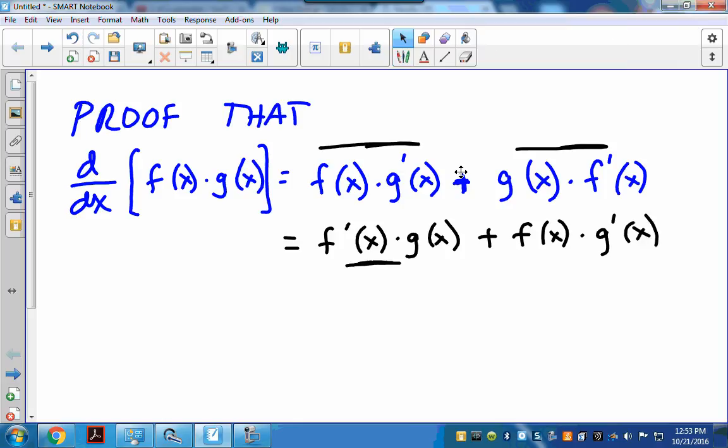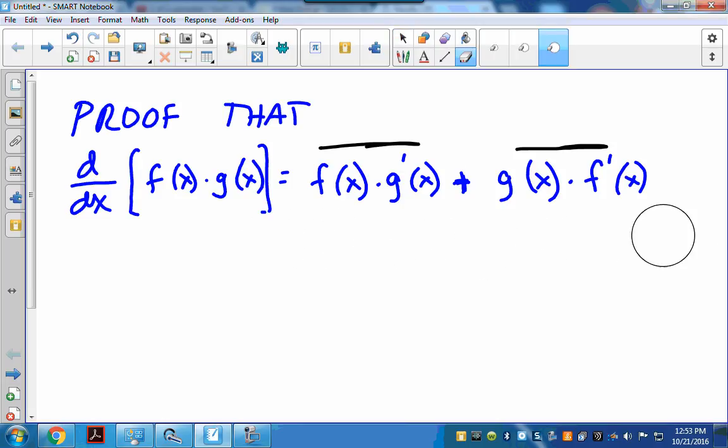Okay, how do we start? We are going to start with the definition of a derivative. So again, all proofs depend on definitions, axioms, or previously proved theorems.